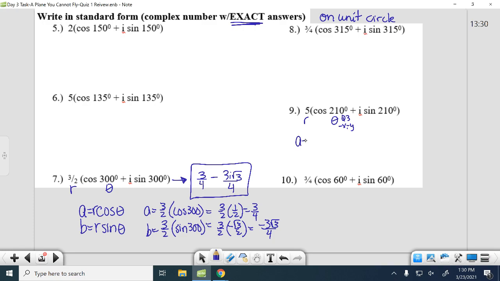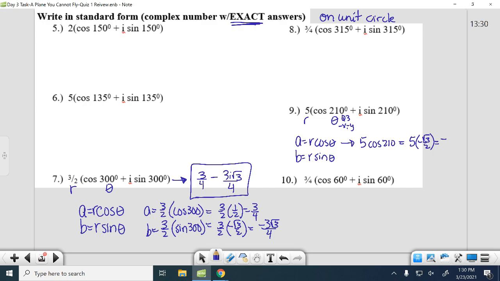Our a value is r cosine of theta. Our b value is r sine of theta. So back to determining the real: r multiplied by cosine of 210 would give us 5 multiplied by cosine of 210, which is negative square root 3 over 2.